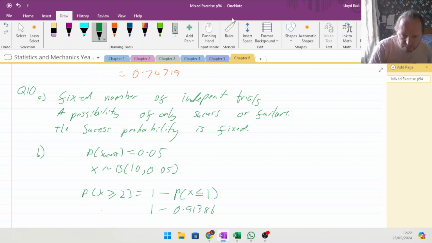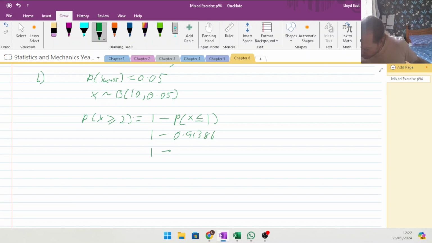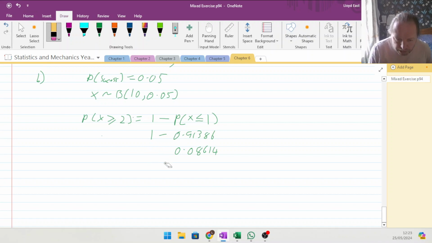I'm doing that on the calculator. 1 minus 0.91386. Okay, gives us 0.08614. All right, so that's that.